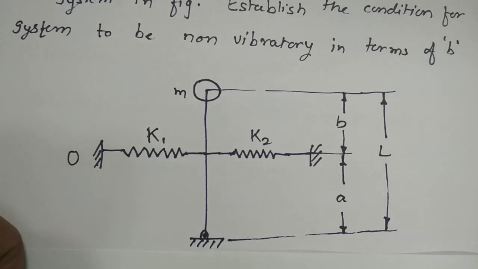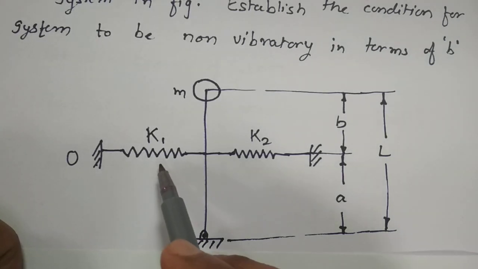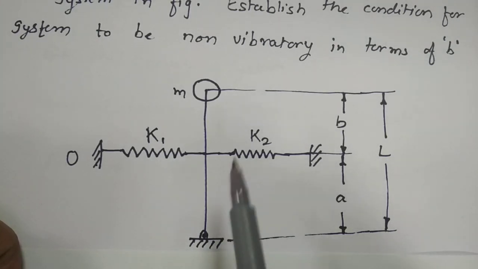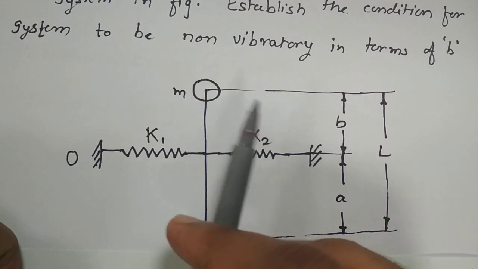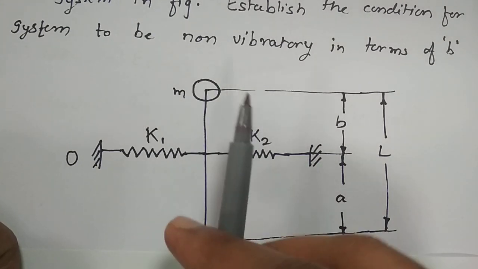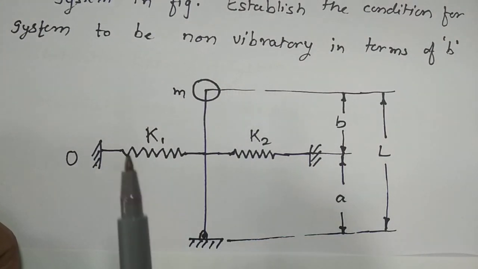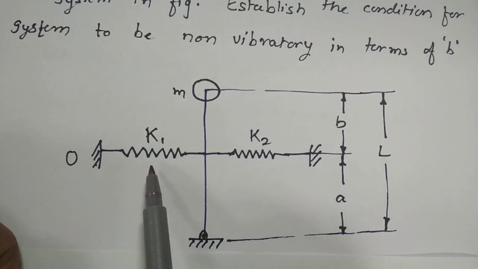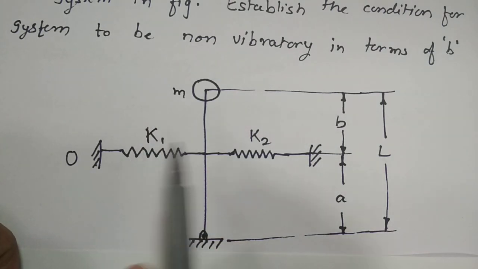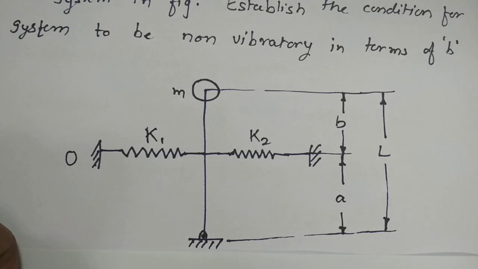So what kind of energy will be present in the system? As we have two springs, K1 and K2, they get compressed and stretched, so potential energy will be present for the K1 spring as well as the K2 spring.